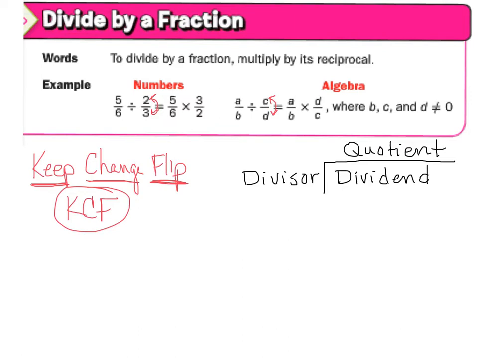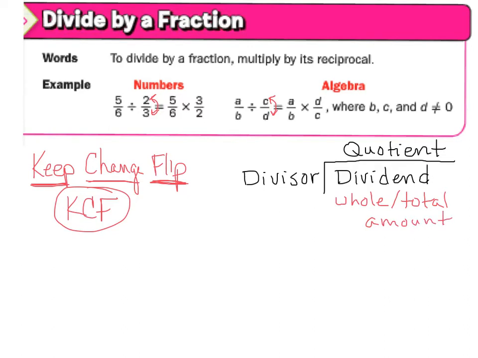Before we move on, though, I do want to point out that we need to remember our parts of a division problem, that inside the box is the dividend, and this represents the whole or the total amount that you have. And please add this into your notes.